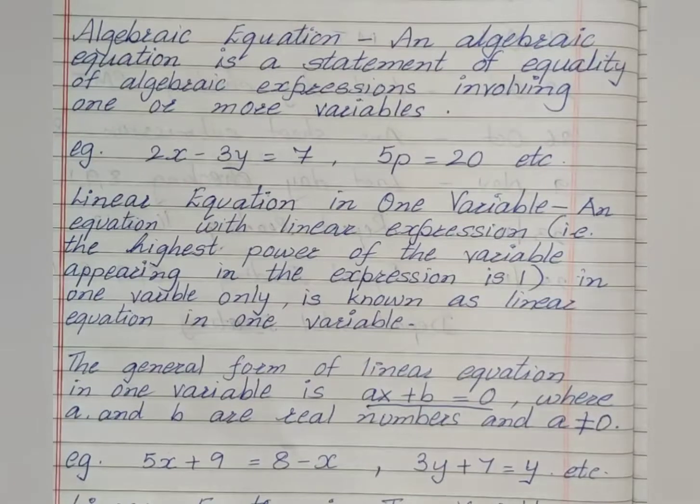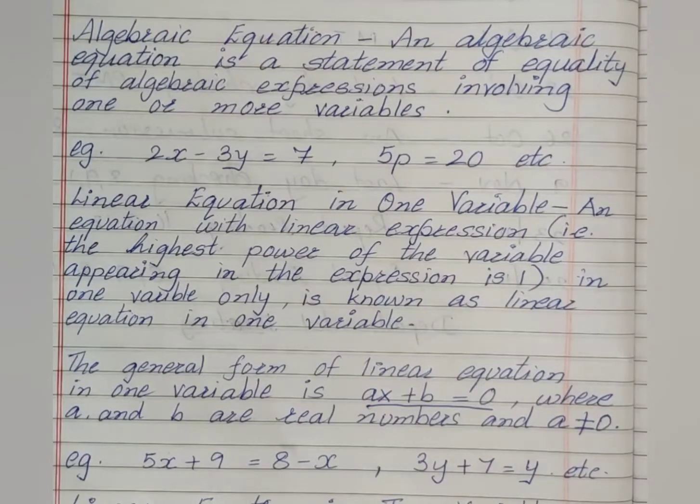It means an expression whose highest power of the given variable is 1 is called a linear equation. And that linear equation which has only 1 variable in it is called a linear equation in 1 variable.